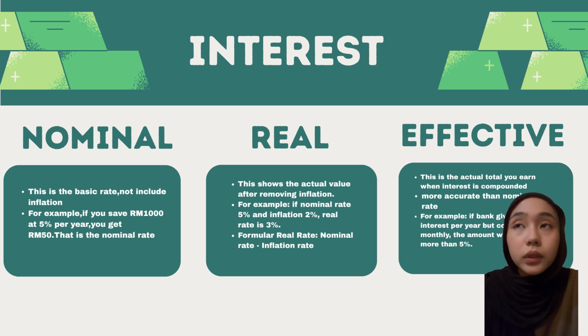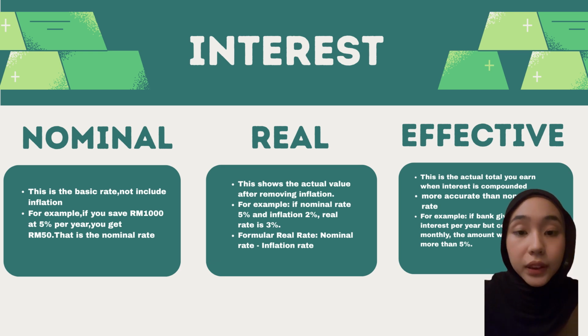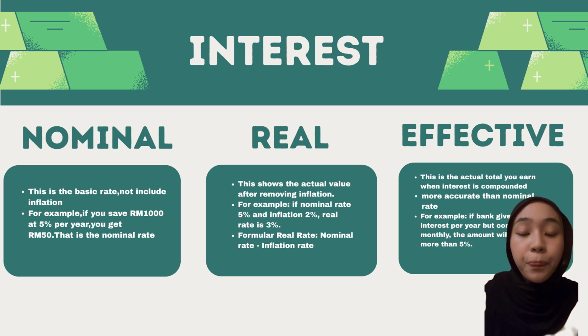Real interest is the actual total interest earned after removing inflation. For example, if the nominal rate is 5% and the inflation is 2%, then the real rate is 3%. The formula for the real rate is the nominal rate minus the inflation rate.